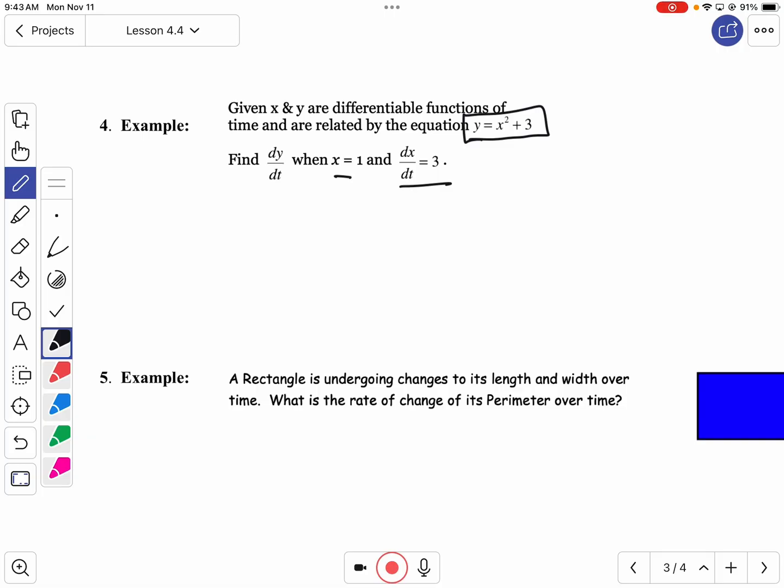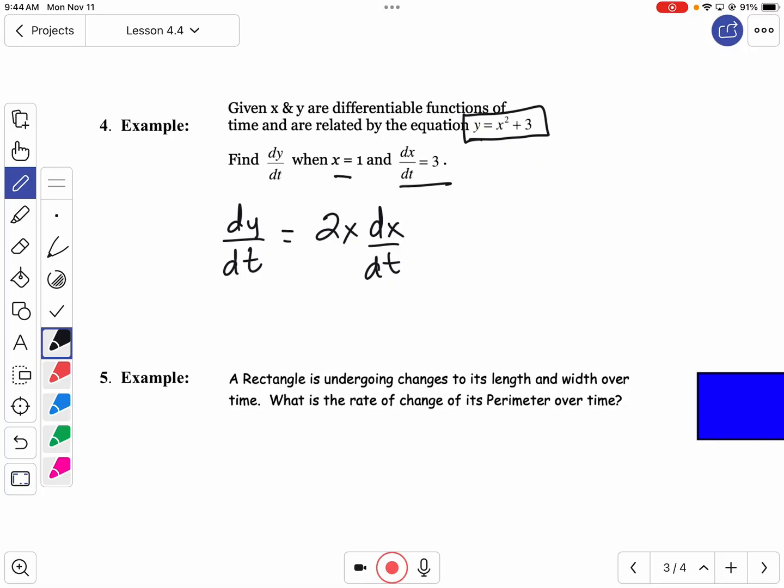What would be the derivative of just a plain y? y prime, so dy/dt is going to equal, what would be the derivative of x squared? 2x dx/dt, everybody gets a d something dt. The derivative of 3 is 0.